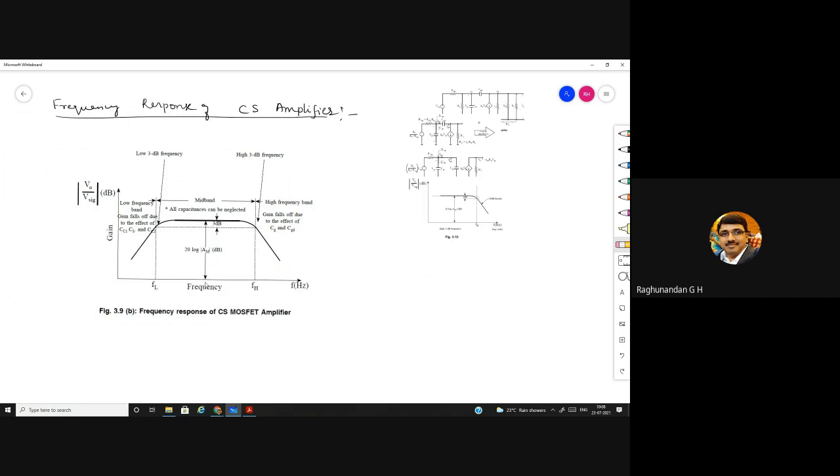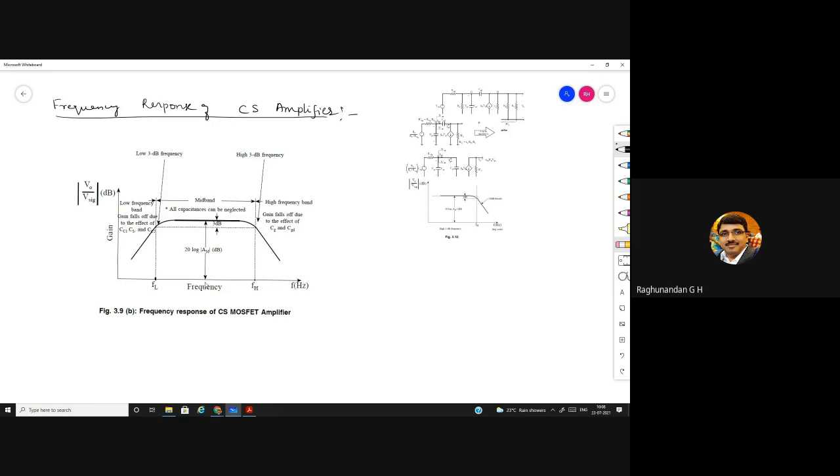You can see that this is the gain plotted along the y-axis, and this is the frequency plotted along the x-axis, and this is the lower cutoff frequency, this is the upper cutoff frequency, which is obtained once we take 3 dB downwards.